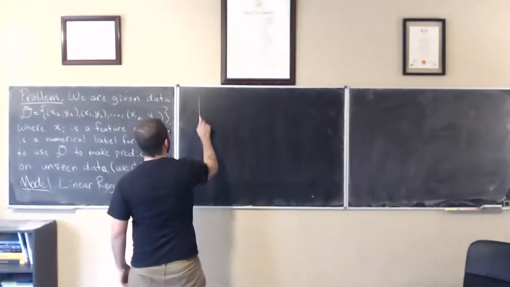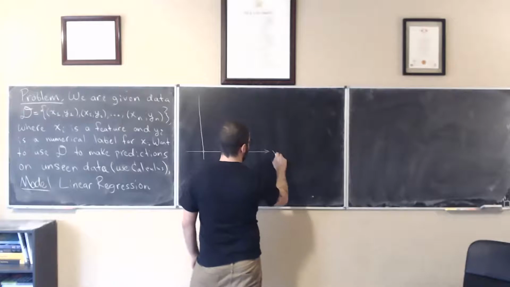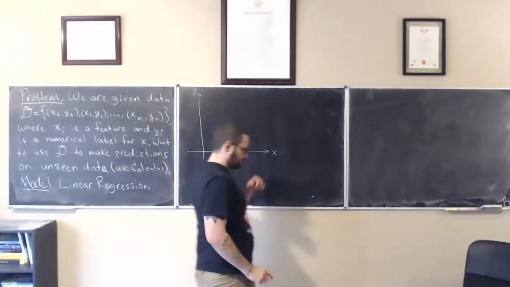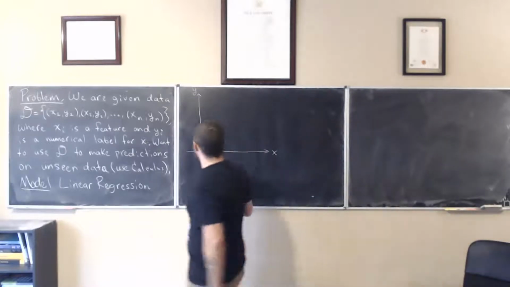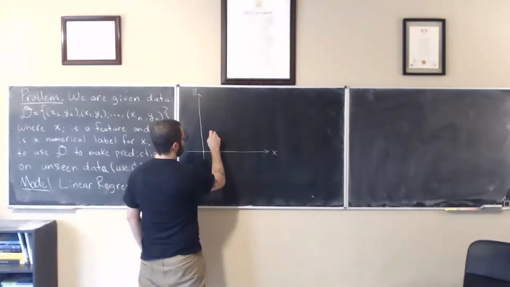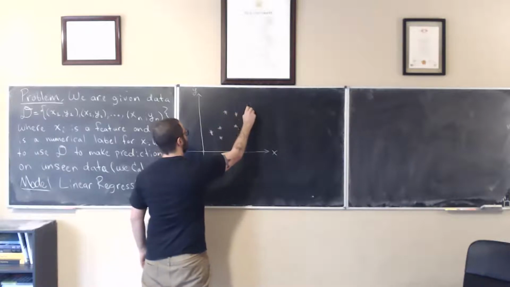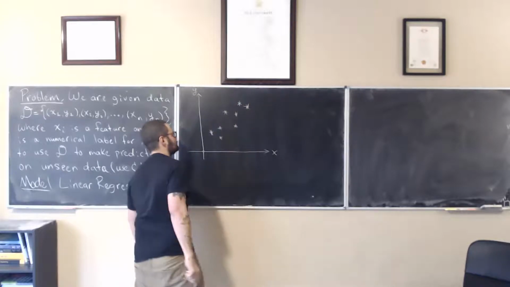So we have our x-axis and our y-axis, and suppose that we have data points that look something like that.